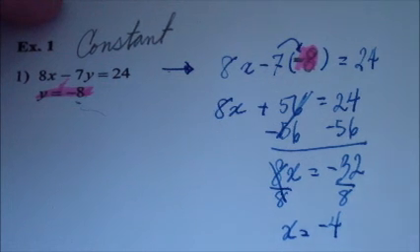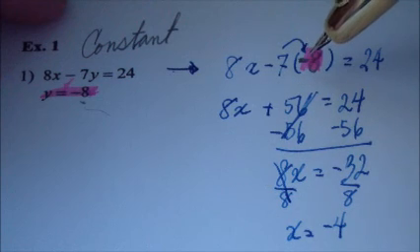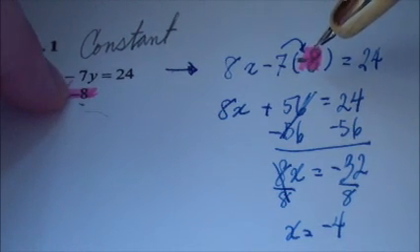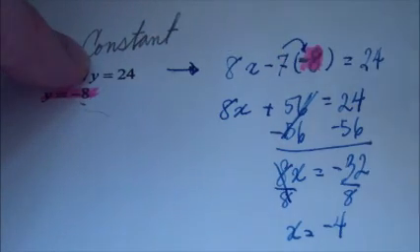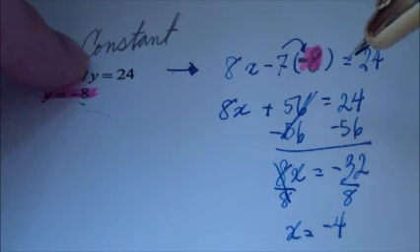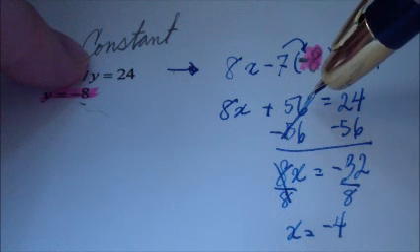Okay, so notice what we had to do here. First, we had to plug in whatever y was equal to. Well, we found that y was equal to negative 8. So we plug in negative 8 where y once was. Once we plugged it in, we distribute. Negative times a negative is positive. 7 times 8 is 56.